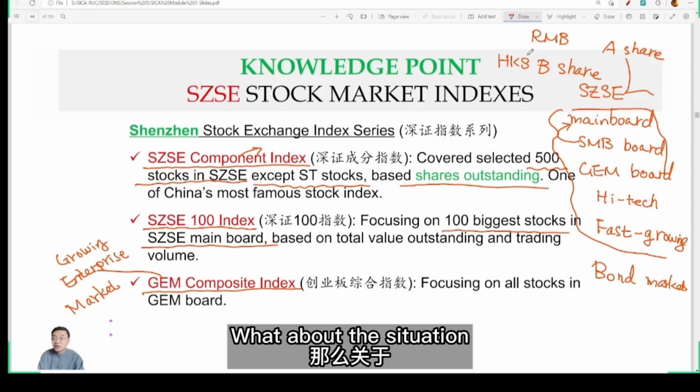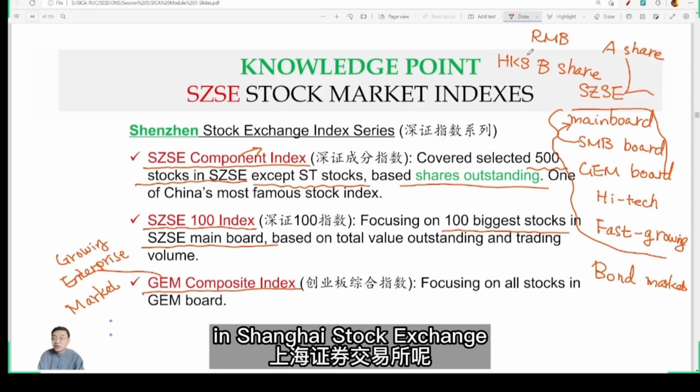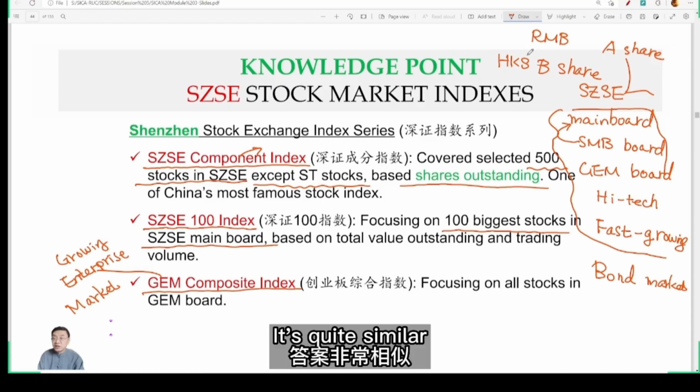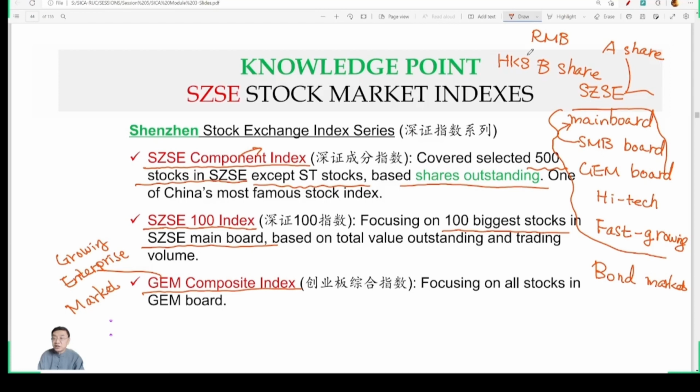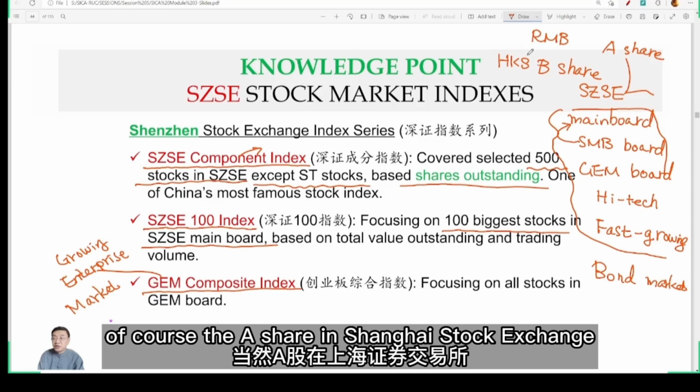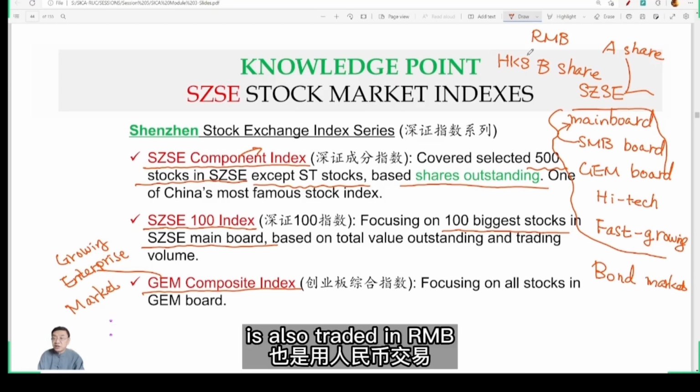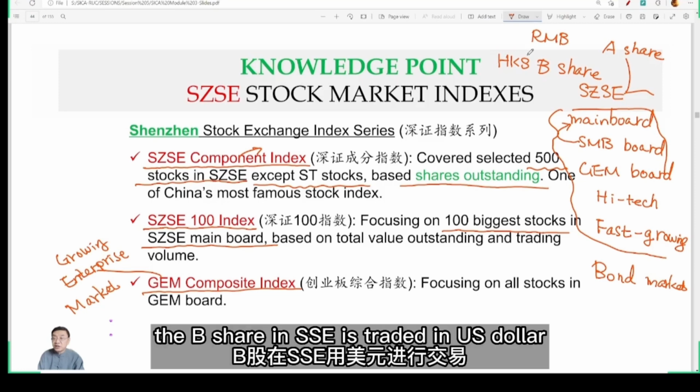Well, this is the situation in Shenzhen Stock Exchange. What about the situation in Shanghai Stock Exchange? It's quite similar. First, they also have A share and B share. Of course, the A shares in Shanghai Stock Exchange are also traded in renminbi. However, the B shares in SSE are traded in US dollar.